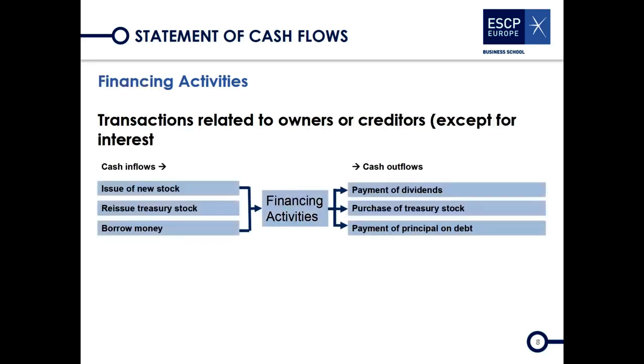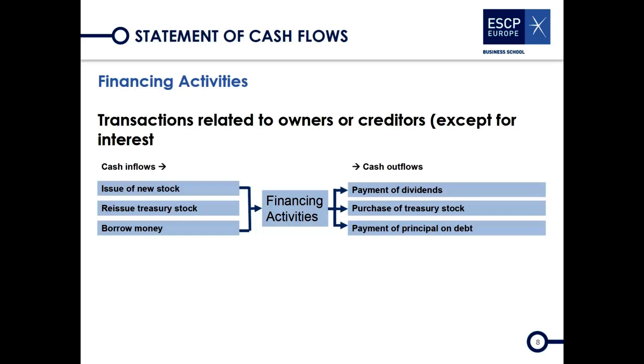Okay, then financing activities. Cash inflows would be if I issue new shares, right? If the company issues new shares, it gets money in return. It would be a cash inflow, a positive number, for positive financing cash flow. If I reissue treasury stock, okay, what's treasury stock? Treasury stock is if the company has decided to buy back shares on the market.